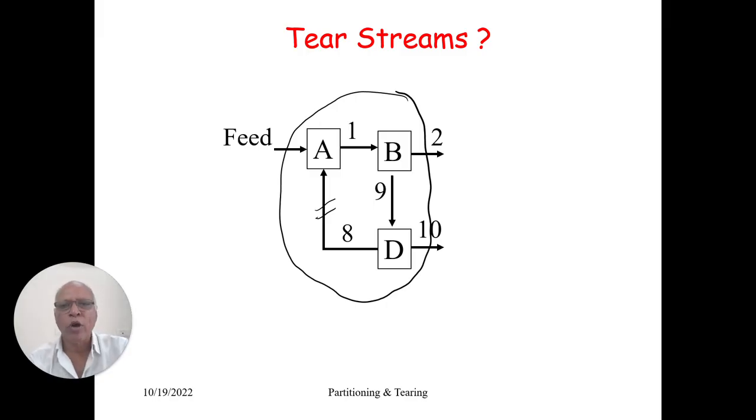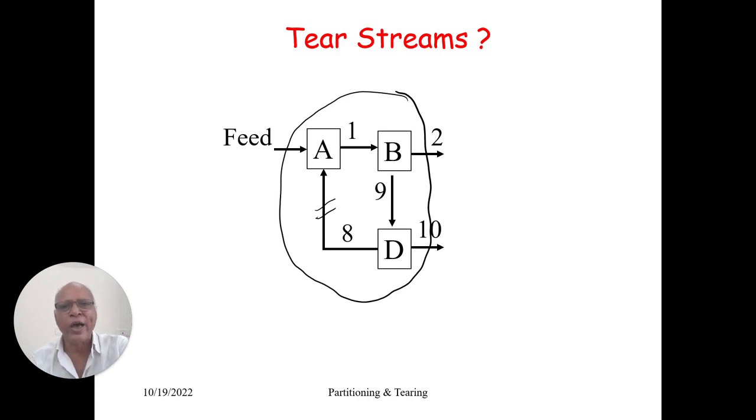You saw what is meant by tearing: guessing values for that stream. Remember, guessing values for a stream means you need to guess at least C+2 variables so that you will be in a position to calculate whatever property you require with respect to that stream. So if the number of components is C, then you need to guess at least C+2 variables.